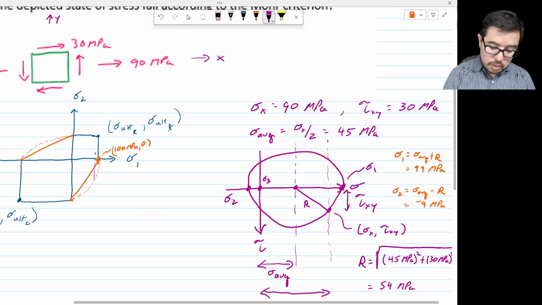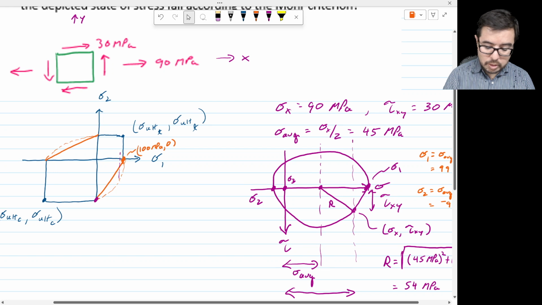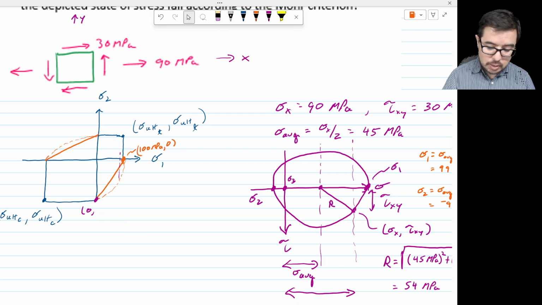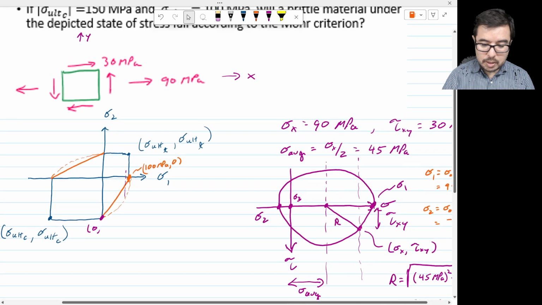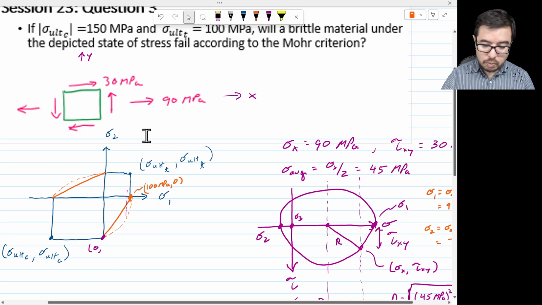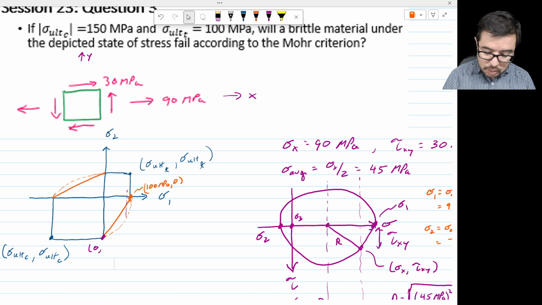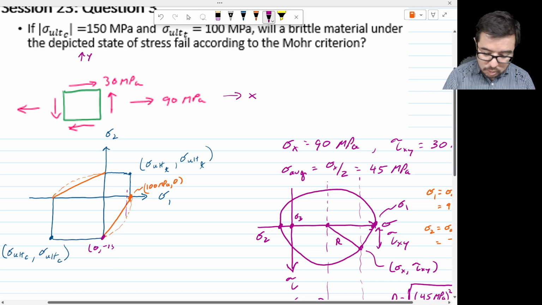And to do that, maybe it's helpful to also write out what this coordinate is. This coordinate is 0, comma, sigma ultimate c, and that is 150 megapascals. You see up here, that's 150 megapascals. So we're just going to say this is minus 150 megapascals.